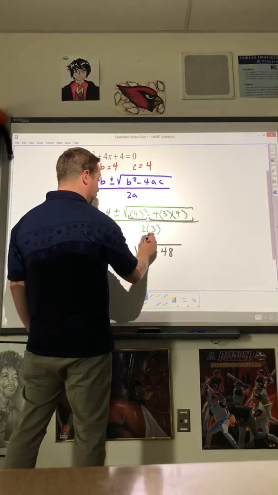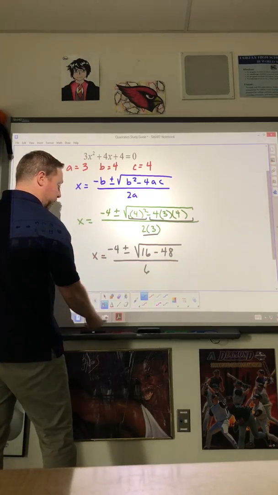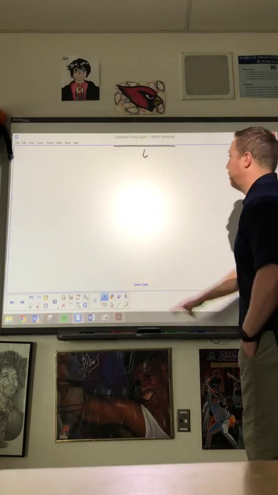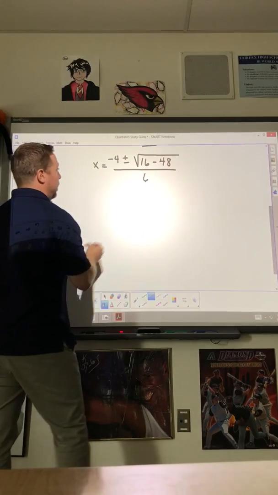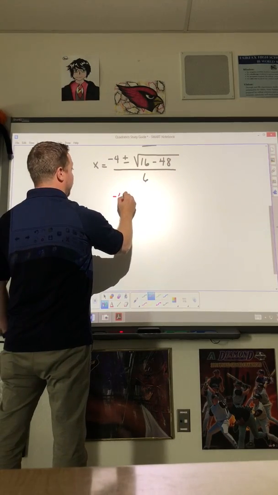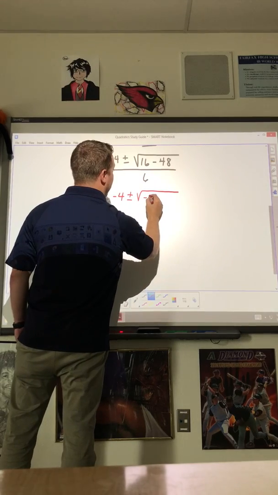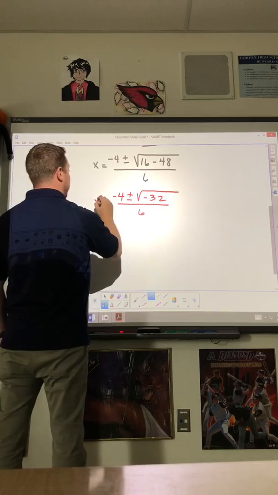Okay, and this is all over, I'm going to do that as well, this is all over 6. Next step. I'm going to do 16 minus 48, so I've got negative 4 plus or minus the square root of negative 32 all over 6.